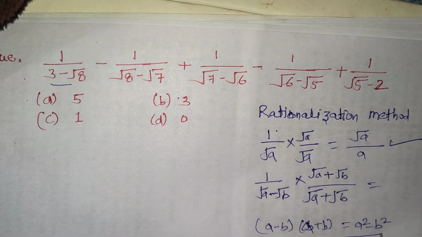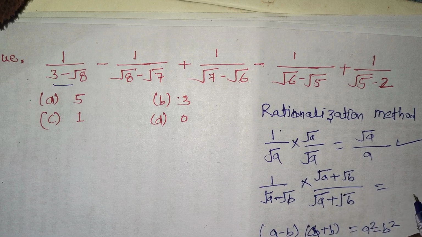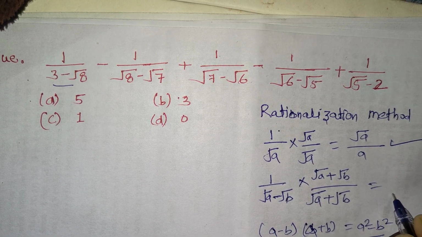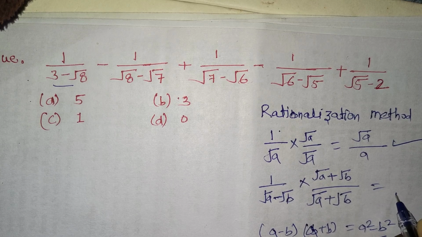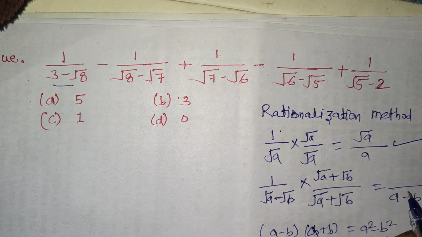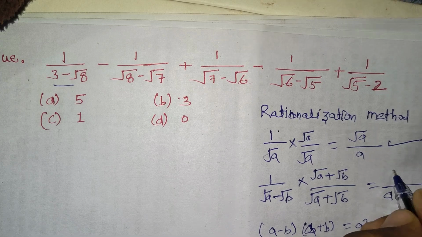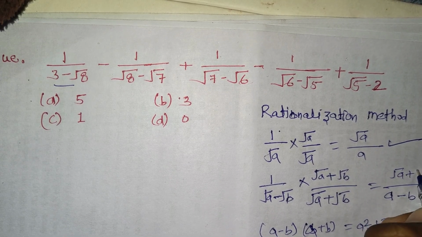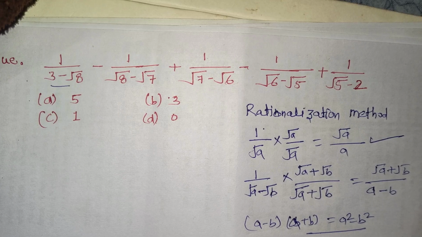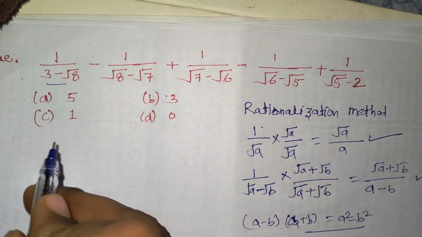This identity we use here. We get in the denominator root a square, meaning a minus b, and in the numerator root a plus root b. We put this identity here.